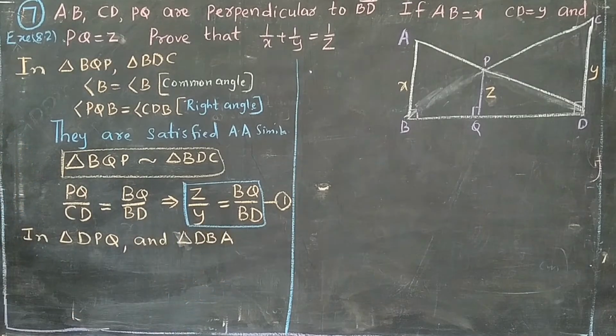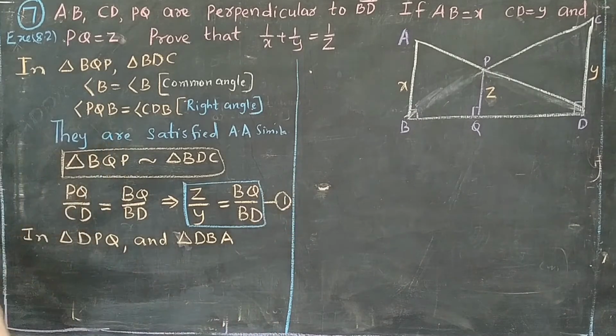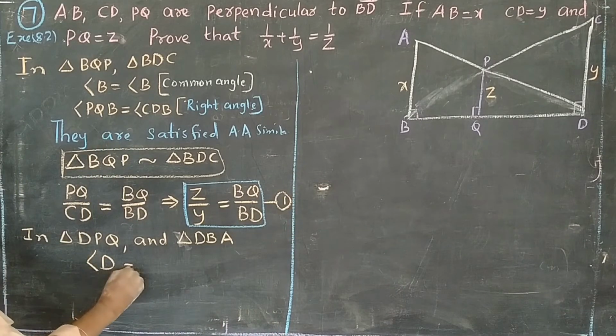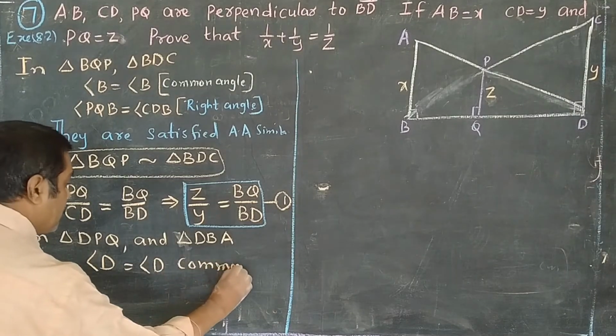In these two triangles, what are the corresponding parts? How are these two triangles similar? Very simple. D is the common angle, angle D is equal to angle D.